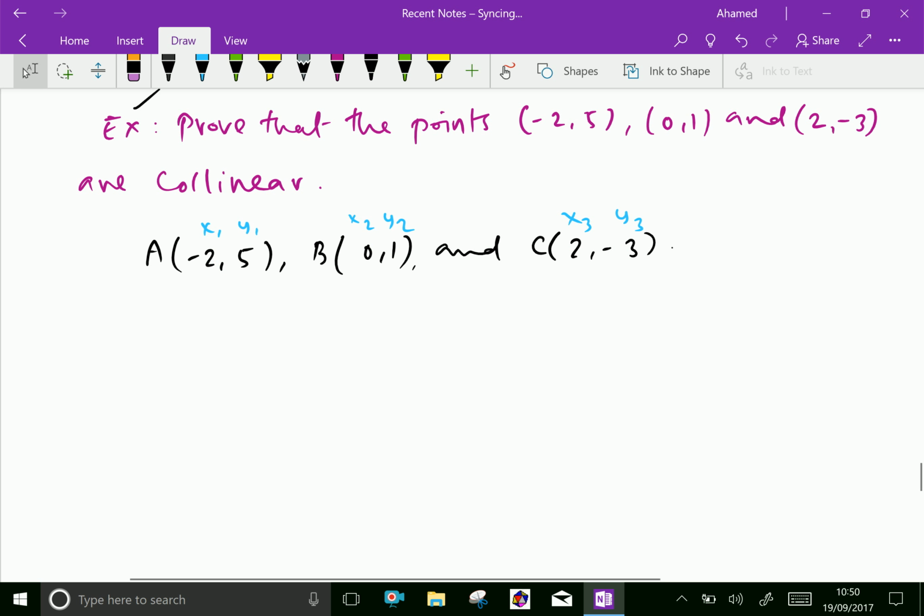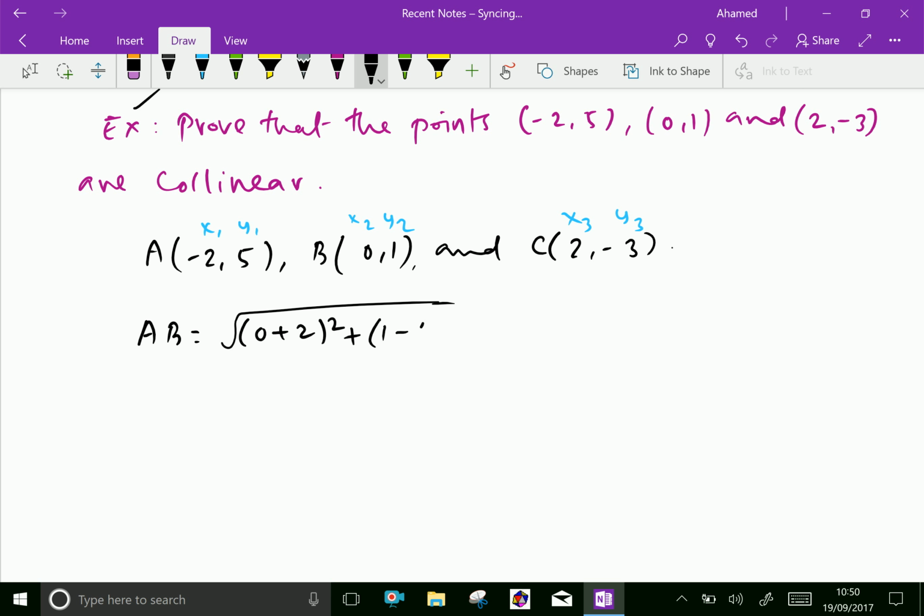Now, let us find the distance AB, equal to square root of (x2 minus x1), that is 0 minus of minus 2, is plus 2, the square, plus (y2 minus y1), 1 minus 5, the whole square. That equals square root of 0 plus 2 is 2, 2 square is 4, plus 1 minus 5 is minus 4, whole square is 16, which is equal to square root of 20.